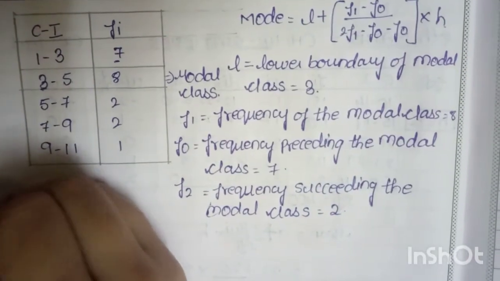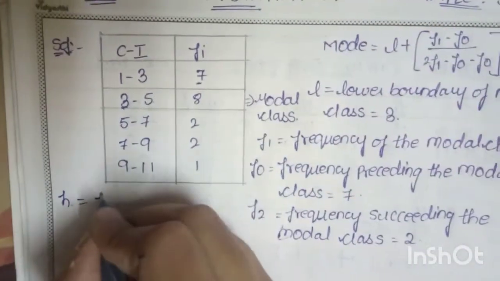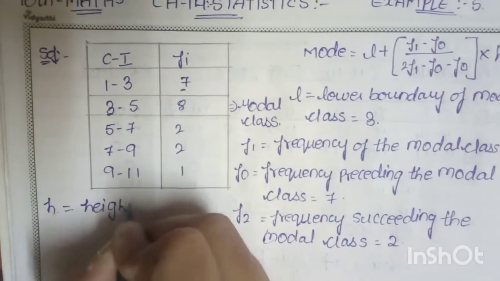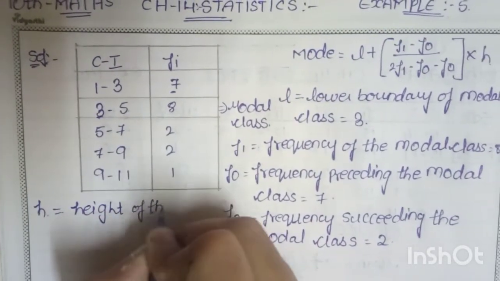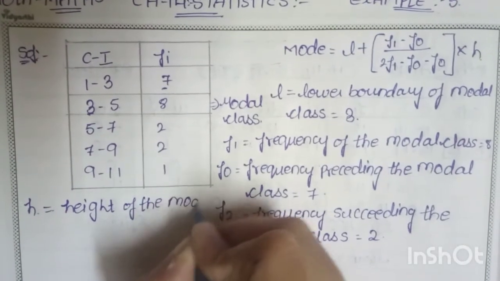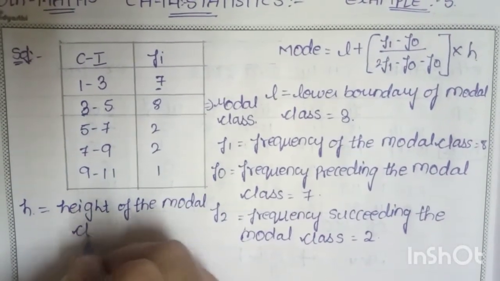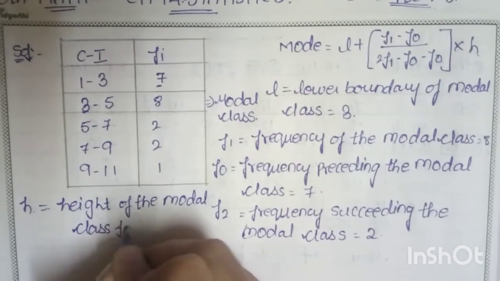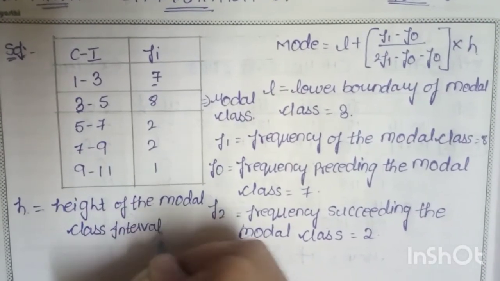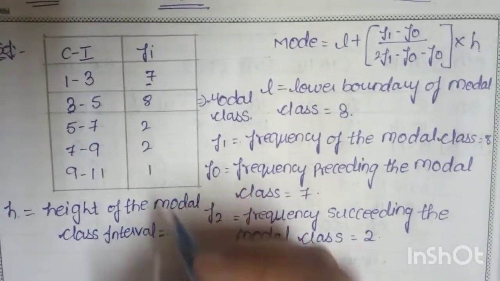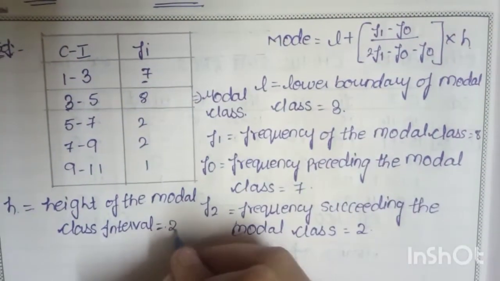Next, h is the height of the modal class interval, which will be equal to, when you subtract 5 minus 3, the height will be 2.